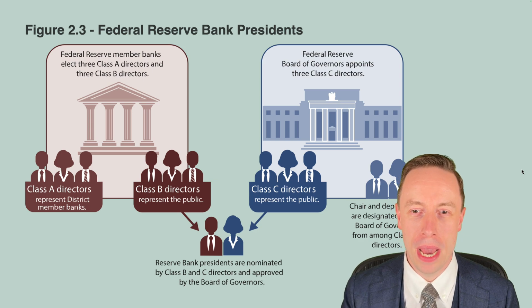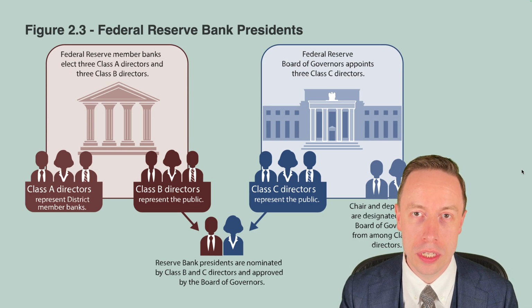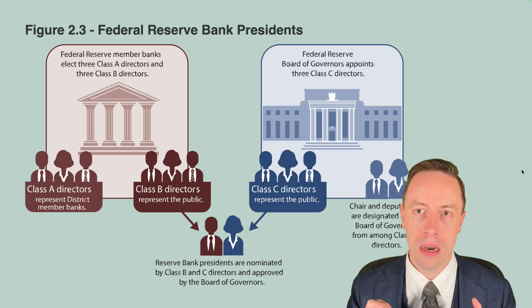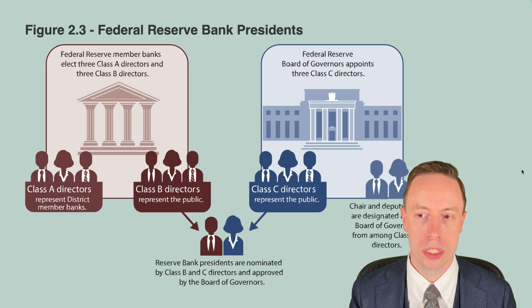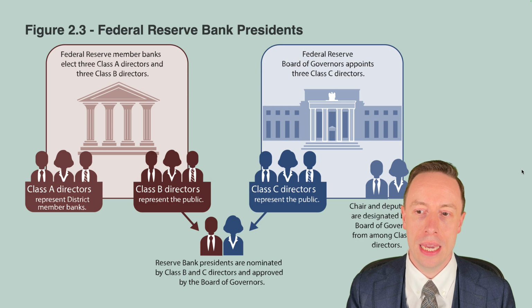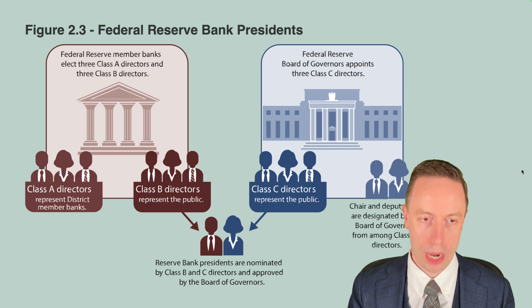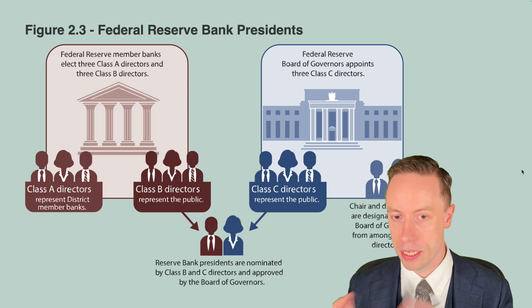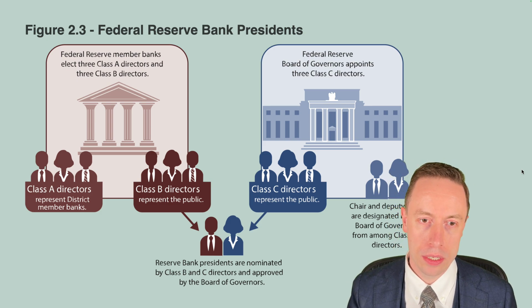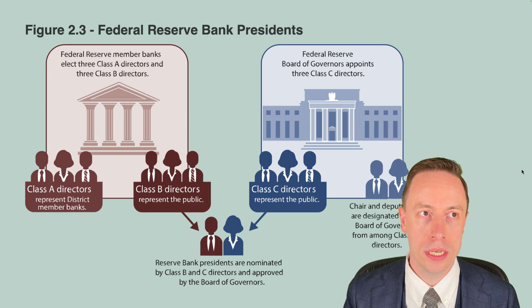The Federal Reserve banks also have their own system for how presidents get selected. And once again, there's a little bit of a hybrid system going on here, and also sometimes a little bit of a misconception. So the Federal Reserve banks have a number of directors. They're called Class A, Class B, Class C. And the Class B and C directors are really the important ones for our purposes here.